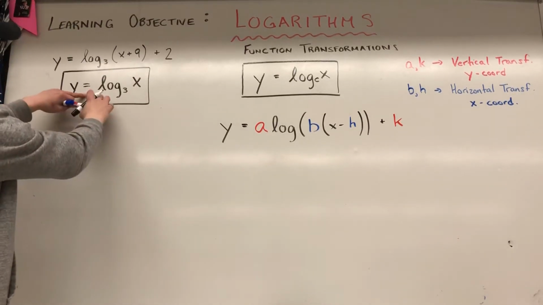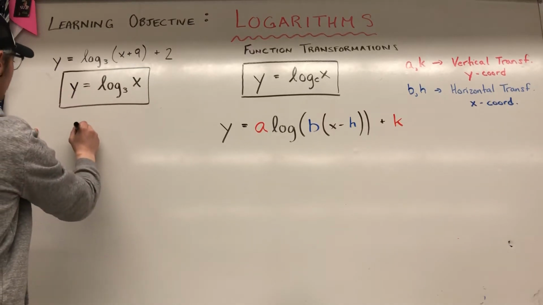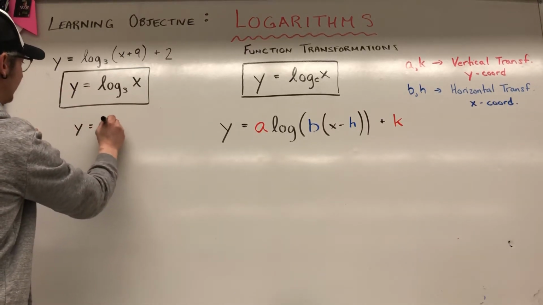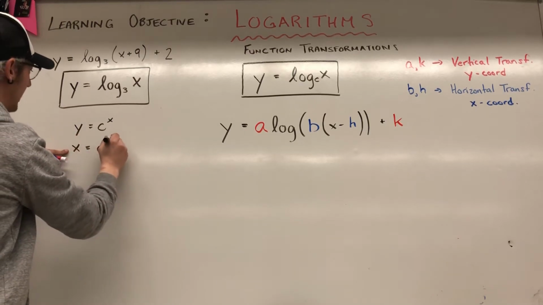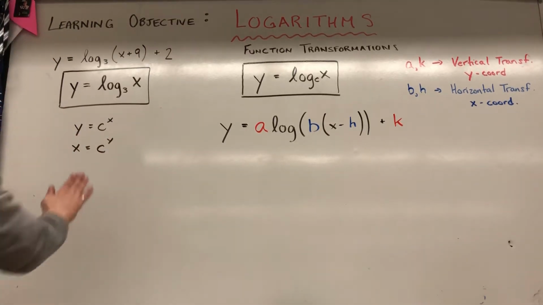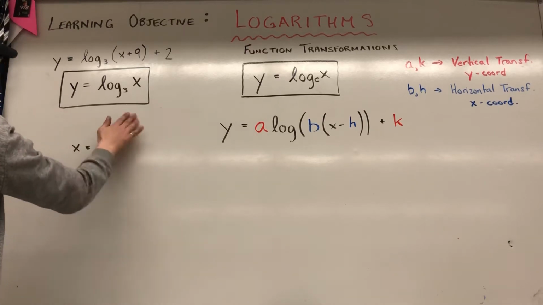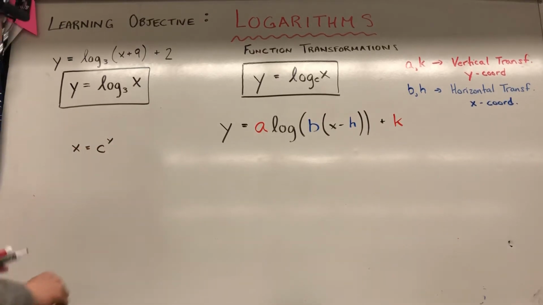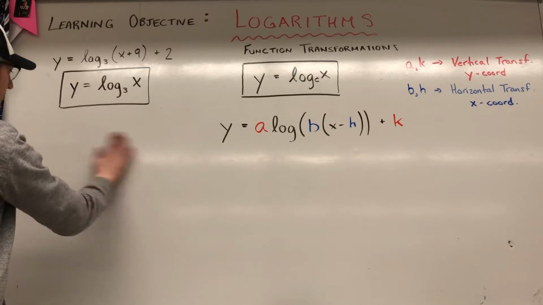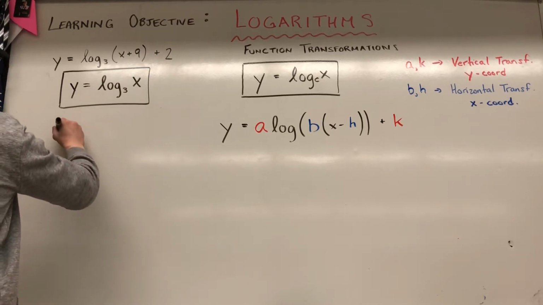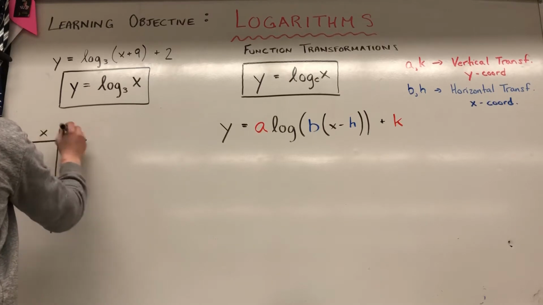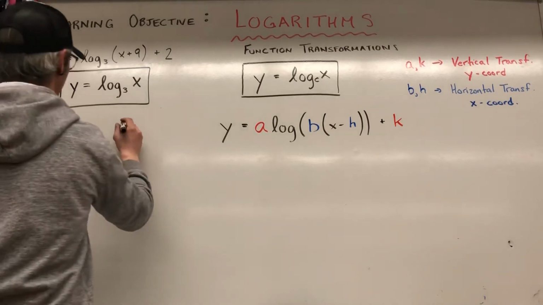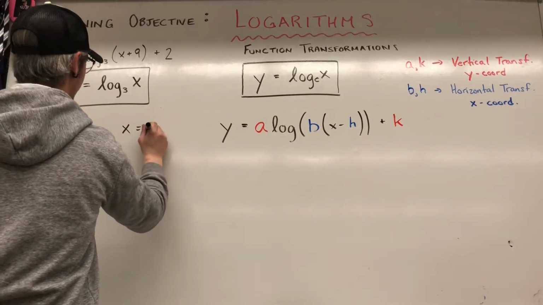If my original function was c to the x, this is representing my inverse, which is x is equal to c to the y. So x is actually going to be a function of y. So what I'm going to do is create my table of values. I've got x, and I've got y, and I'm going to use x is equal to c to the y.